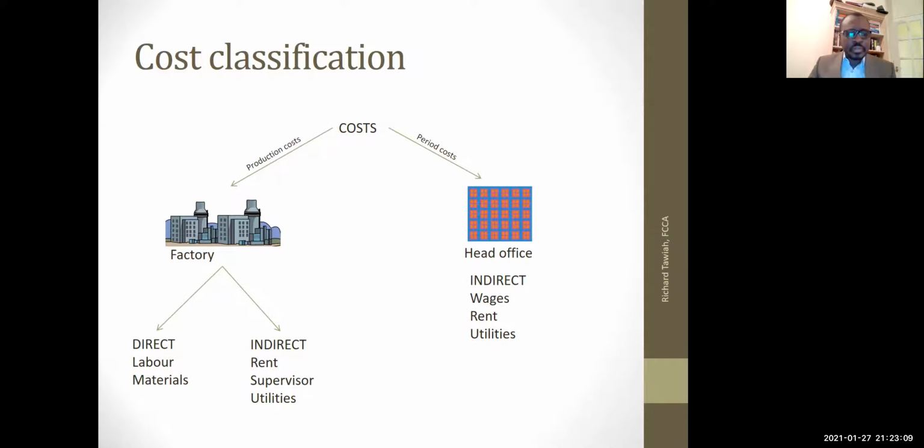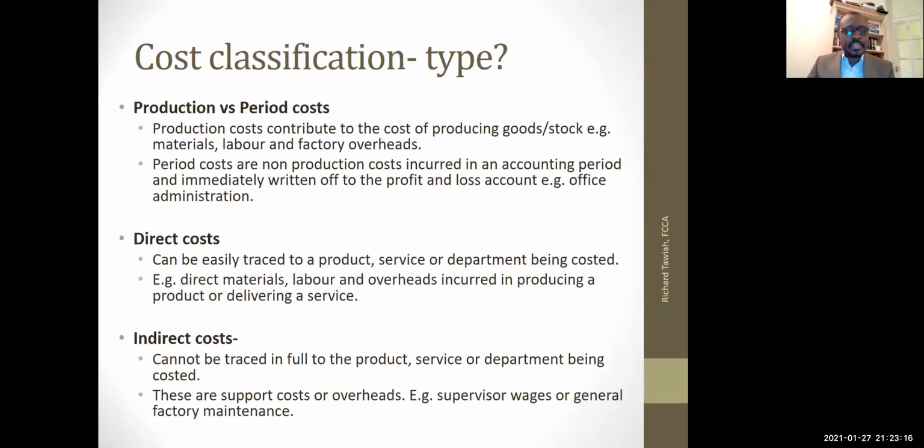For production costs, we can normally split them into direct and indirect costs, okay? We'll look at this concept in the next few slides. So production costs, like I said, contribute directly to the cost of producing goods or services: materials, labor, factory overheads. Period cost, time bound or time restrictive, okay? Direct cost, which is a sub-branch, a segment of production cost, can be easily traced to the product.